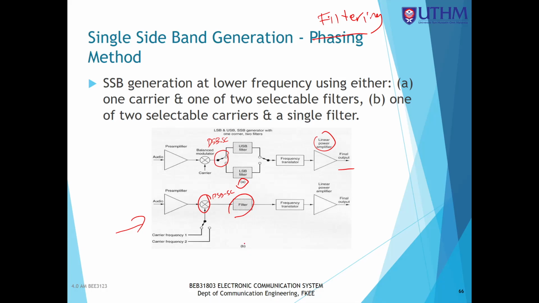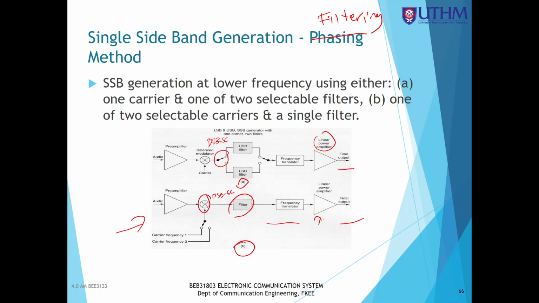In picture B, it uses two different frequencies. Frequency 1 produces a set of upper and lower, and frequency 2 produces a set of upper and lower. So we can use a filter to select whichever sideband we want. Then the frequency translator, then we amplify the signal and transmit.